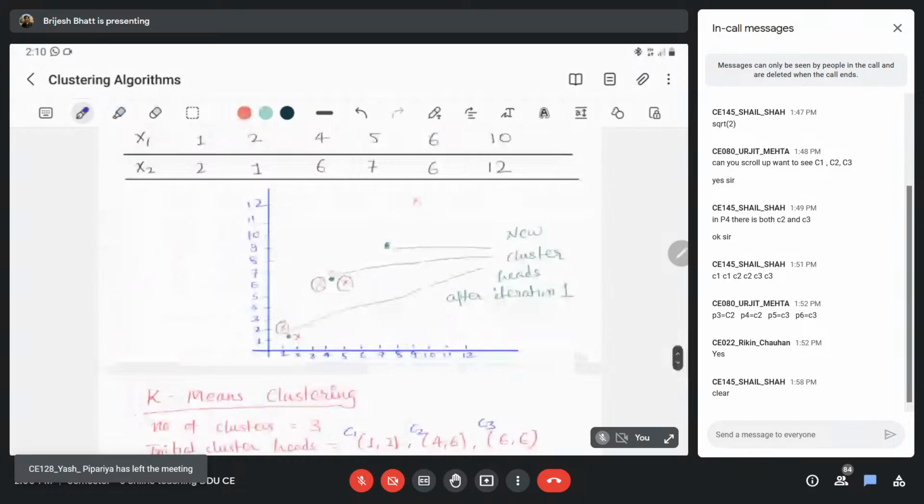And the same for P4 also. If you see here, P4 is closer to, again, cluster head 2, so it should go to C2.